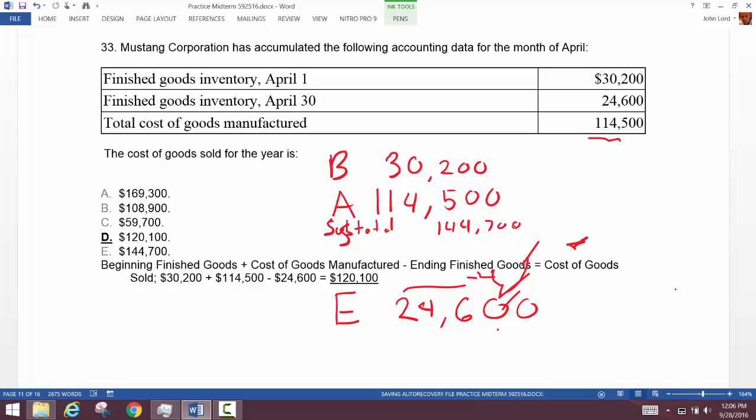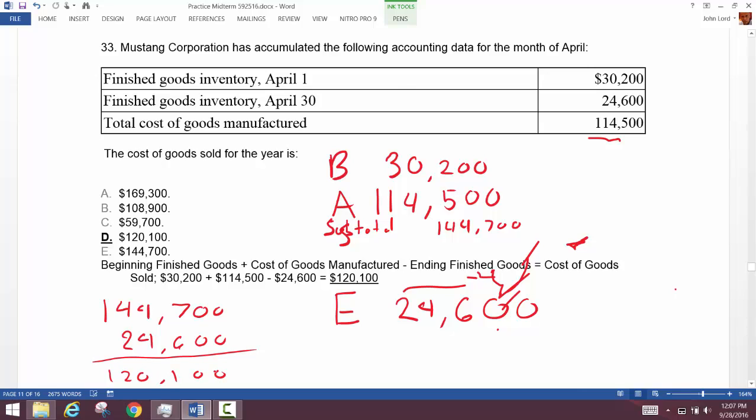So I take the 144,700, write that right here, minus the 24,600, and that difference is what? 120,100. Right? So write that in next to the subtract, next to the S up there.